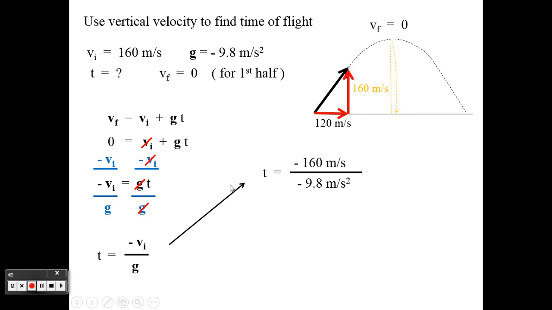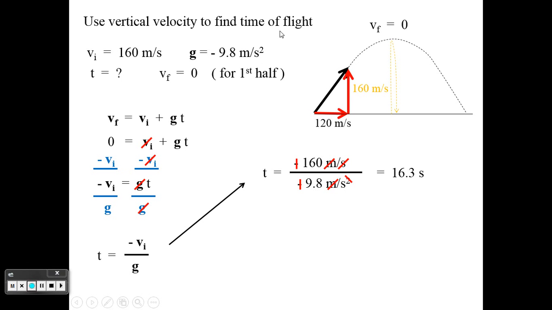Now, let's plug in our numbers. The negative comes from the algebra: 160 meters per second divided by negative 9.8 meters per second squared. All that cancellation can occur. The negative signs cancel, the meters cancel, one of the seconds cancels. Your calculator should yield an answer of 16.3 seconds.